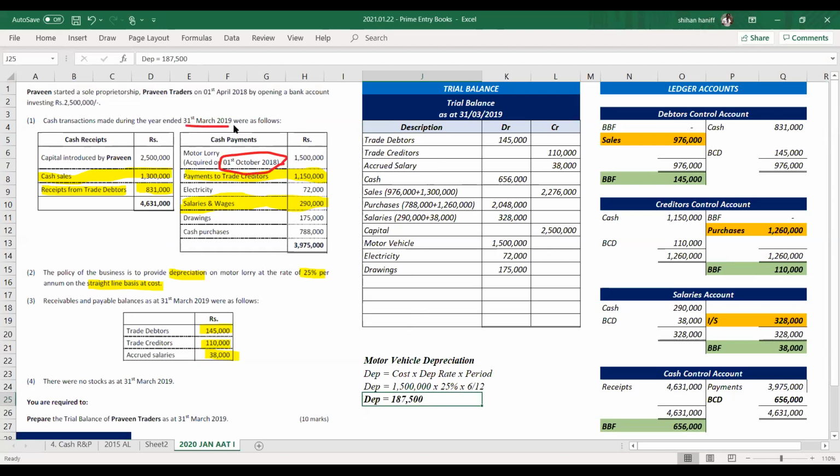Year end is 31st March 2019. So from 1st of October to 31st March 19, there is 6 months. So 25% is for 12 months. That is why divide by 12 and you calculate for 6 months. October, November, December, January, February, March. 6 months.